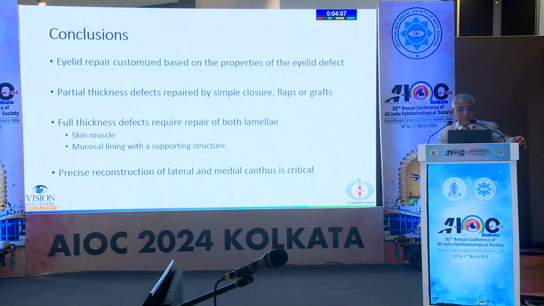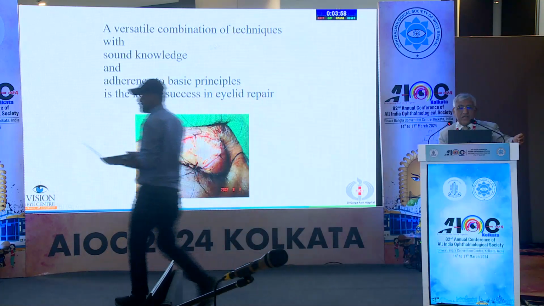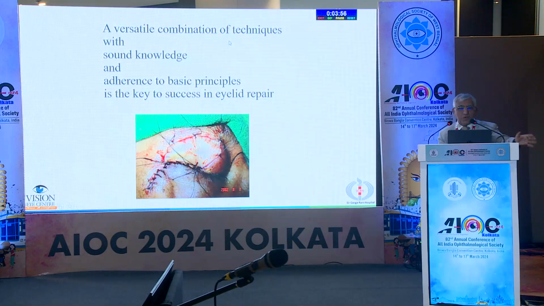But it is critical to precisely reconstruct lateral and medial canthi whenever they are involved. So a versatile combination of techniques. You always need to have a plan A and plan B, because often the planning needs to change on the table, and good adherence to basic principles is the key to success in eyelid repair.